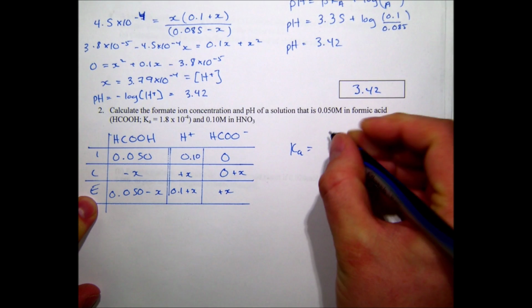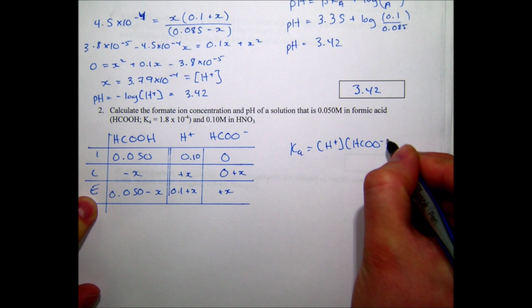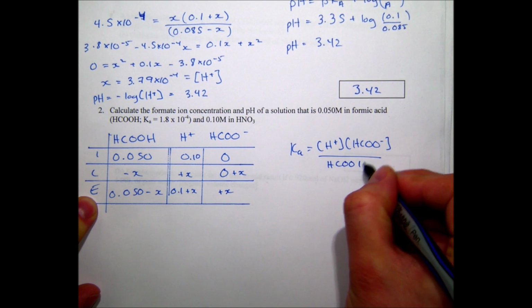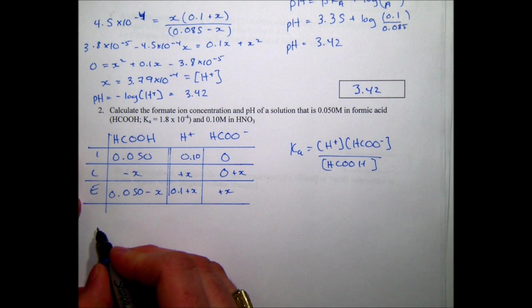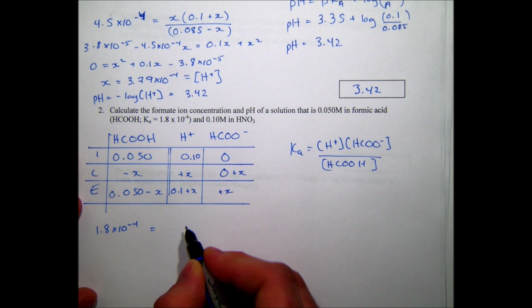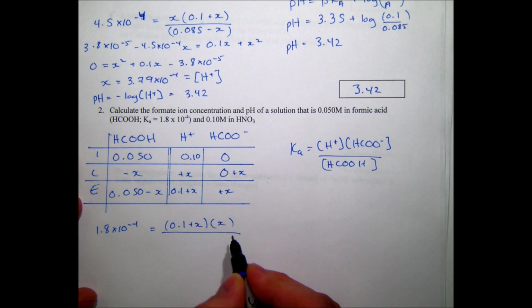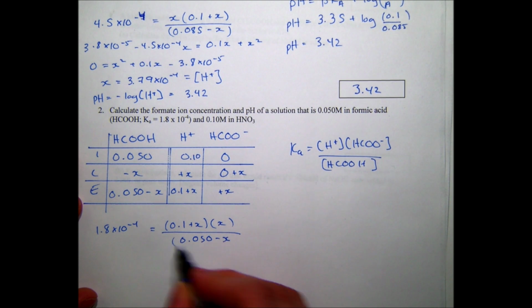So Ka is equal to the concentration of H plus times the concentration of HCOO minus over the concentration of HCOOH. We substitute in our values. So 1.8 times 10 to the negative 4 is equal to x times 0.1 plus x over 0.050 minus x.